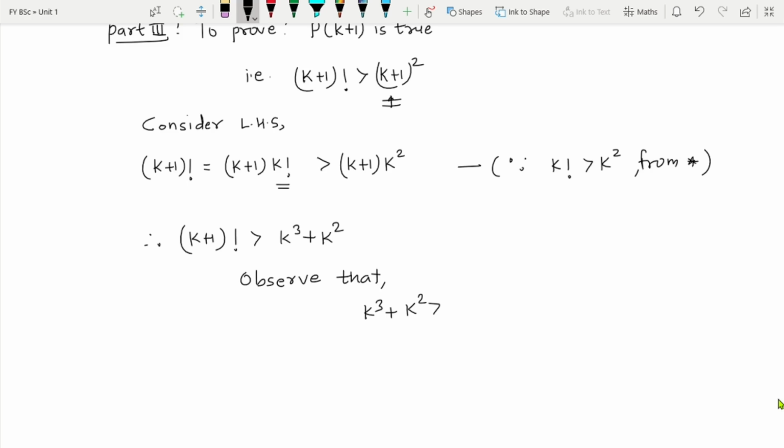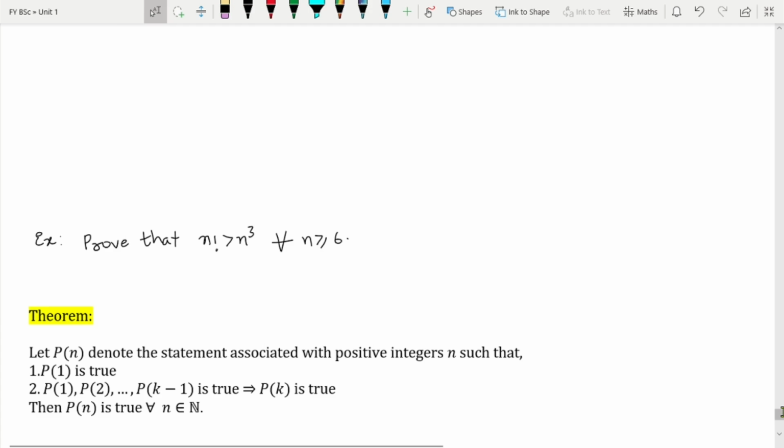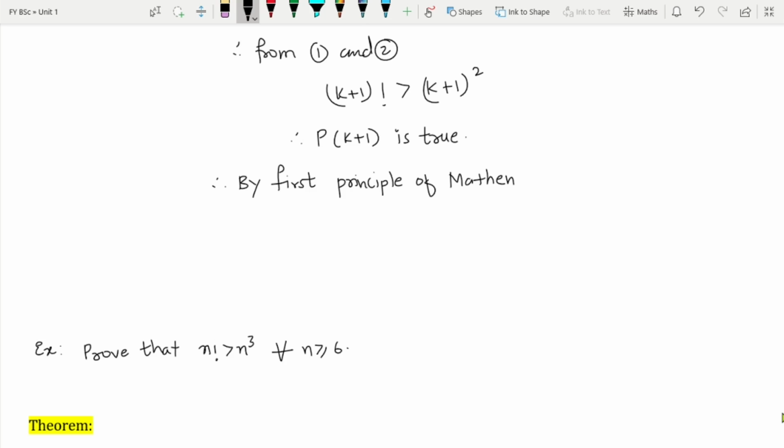Therefore from 1 and 2, k plus 1 factorial is strictly greater than k plus 1 square. Which property are we using? If A is greater than B, and B is greater than C, then A is greater than C. So therefore P of k plus 1 is true, and therefore by first principle of mathematical induction we can say that P of n is true.